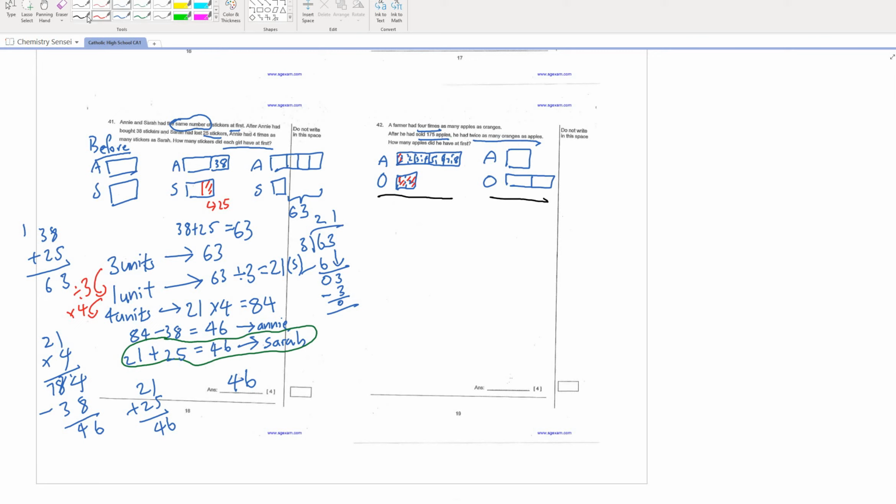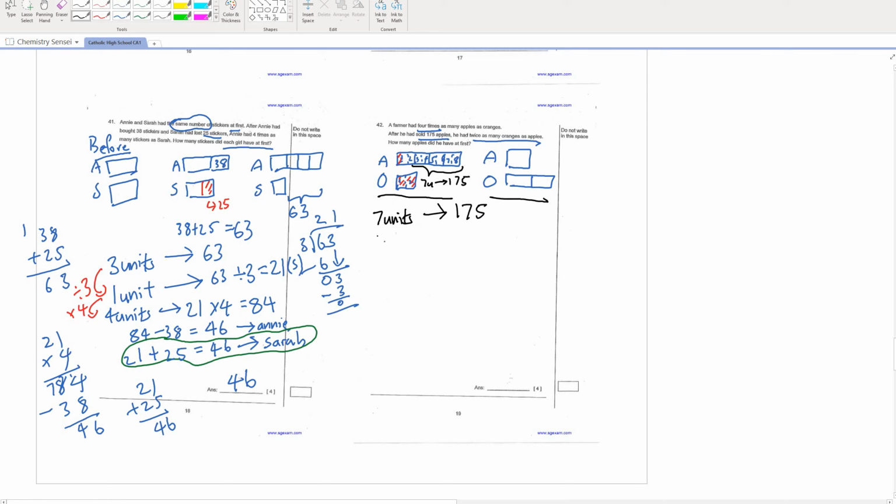So what does this mean? This actually means that these 7 units represent 175 apples. So 7 units represent 175 apples.